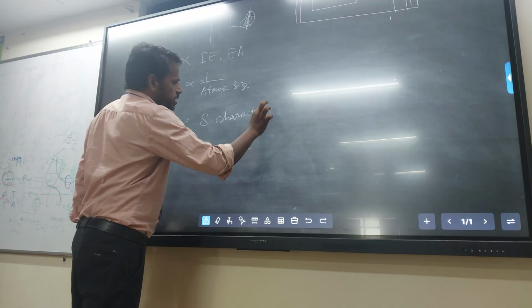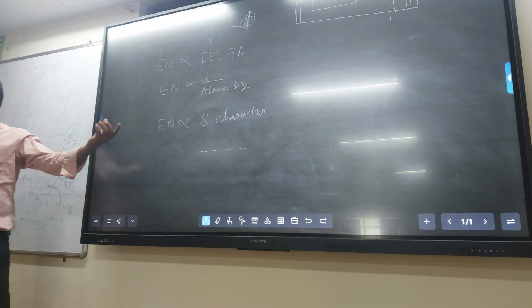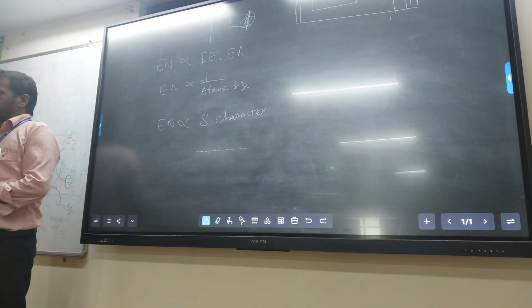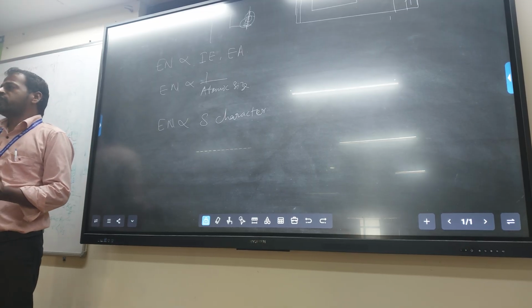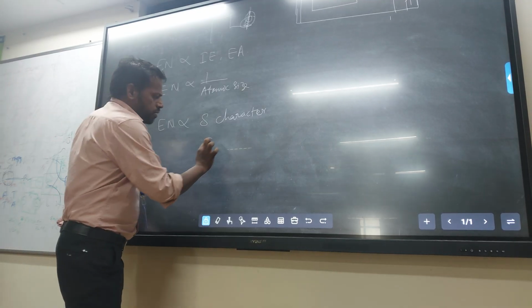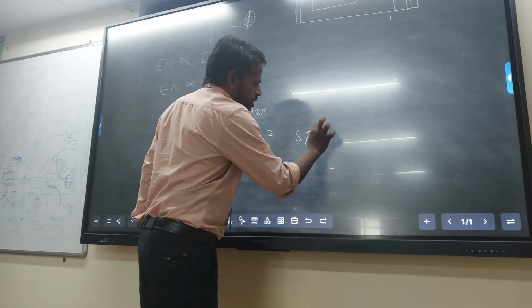This is somewhat of a confusing statement. Electronegativity is more when s character is increasing. What is the meaning of s character increasing? For example, sp hybridization, sp2 hybridization, sp3 hybridization.